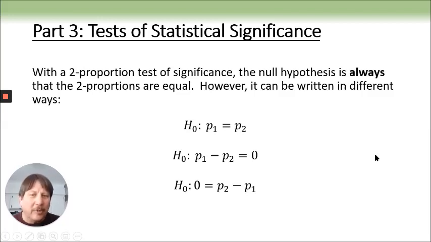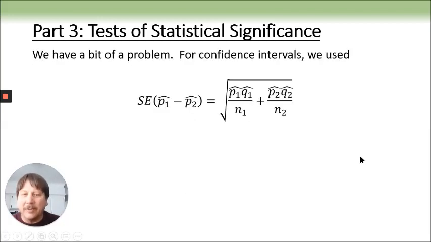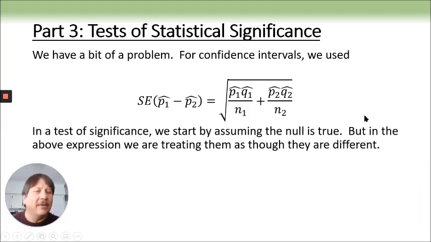So two different people can do the same problem and set it up and end up with different parts along the way, but you should come to the same conclusions. Anyway, when we did confidence intervals, we used the standard error that had these little p-hats all over the place, except that creates a problem for us.